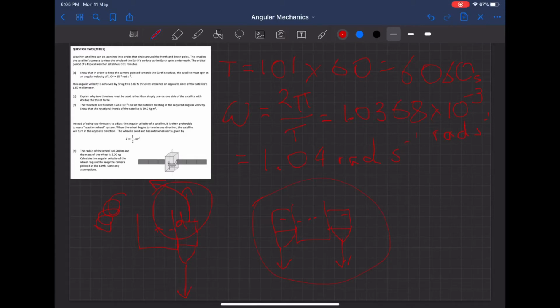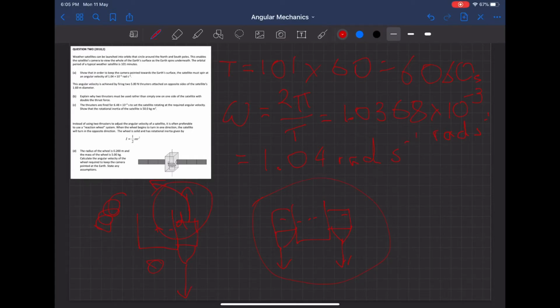For this to occur, there needs to be two thrusters whose forces cancel by acting in opposite directions, but whose torques add, as we've seen here. One thruster would only result in an unbalanced force, as we've seen here, and would change the motion of the center of mass, taking the satellite off course, and it would no longer be looking at the Earth's surface. It wouldn't be suitable. Cool.